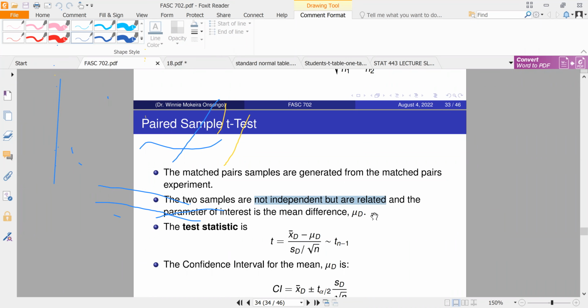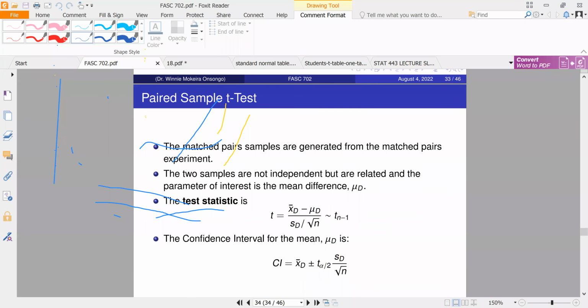Now, if that is the scenario that is presented to you, then this is how you are going to calculate your T statistic for those paired samples. In this particular case, X bar D is the mean difference of the paired samples, and mu D is the mean difference for the population that you used.